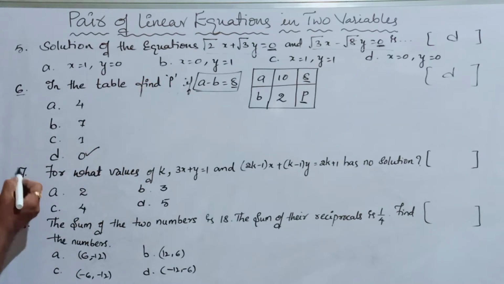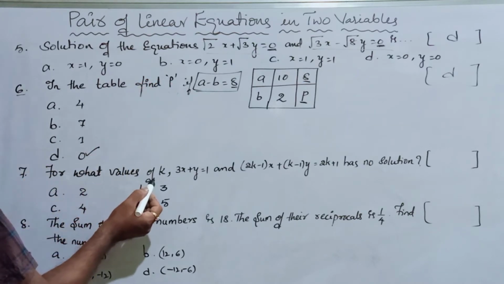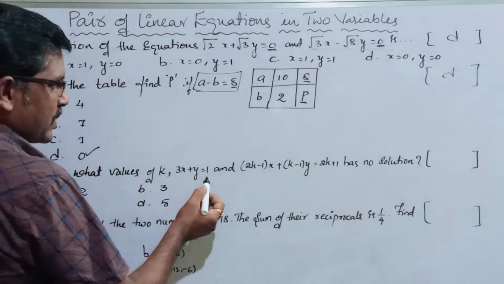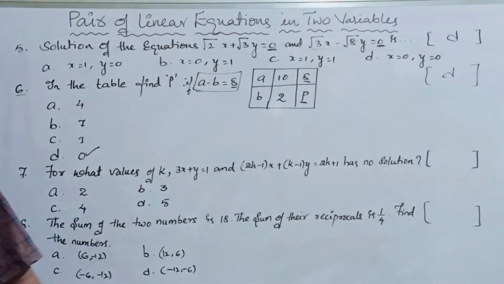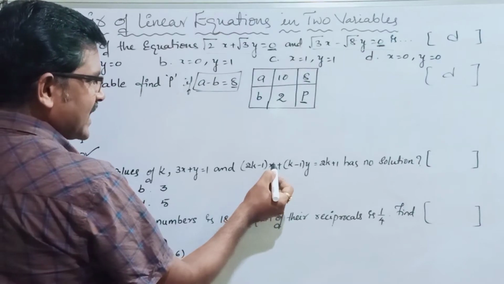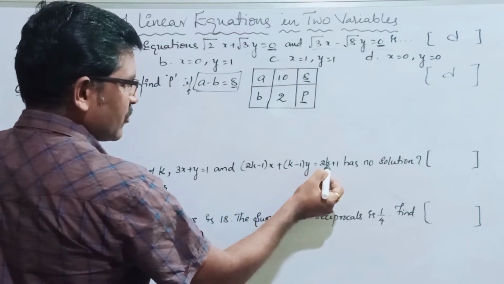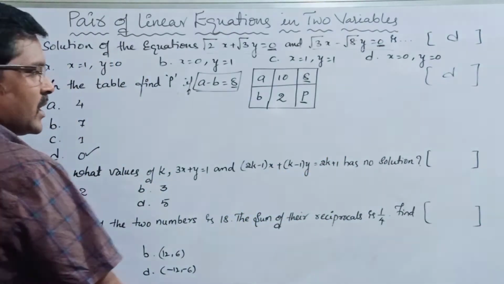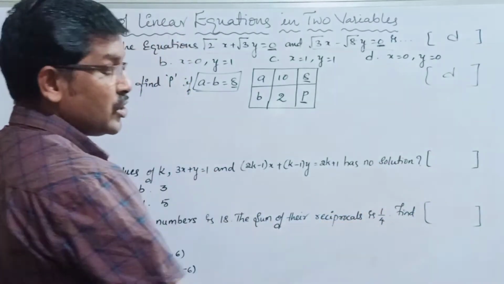So next, seventh question. For what values of k does 3x plus y is equals to 1 and (2k minus 1)x plus (k minus 1)y is equals to 2k plus 1 have no solution?